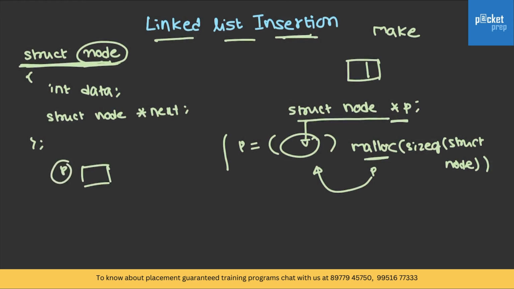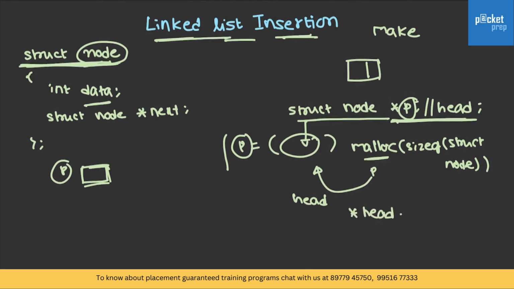We know that the first memory location inside the list is called the head pointer. So instead of calling it P, it's better if we call it head. And we know that this is the pointer. If I want to access the data for this pointer, I can access it with star head dot data, where I tend to fill the data, or I can even write it as head arrow data equals 5.